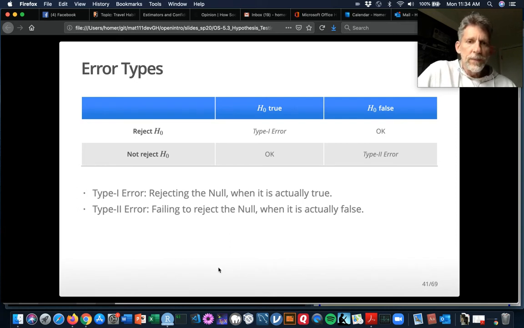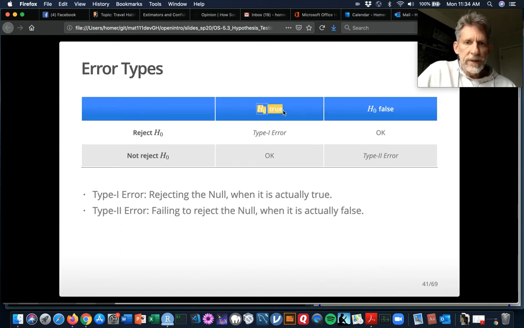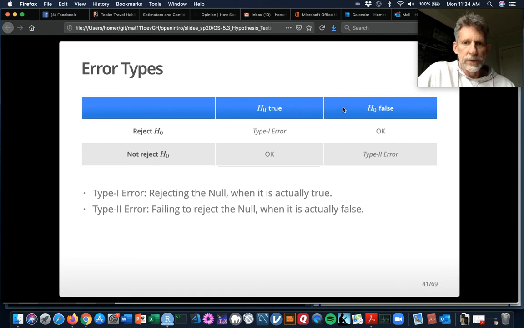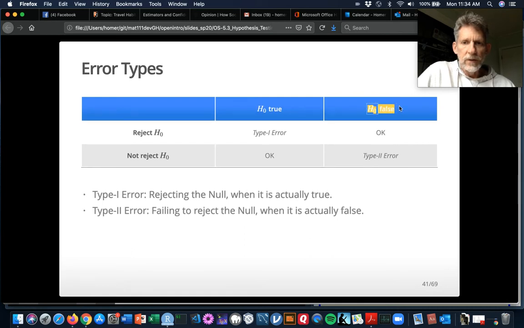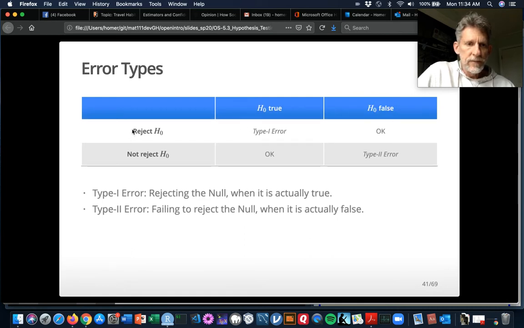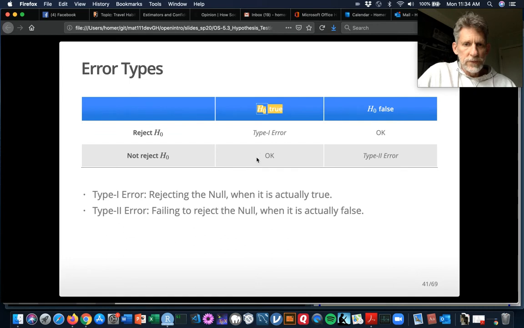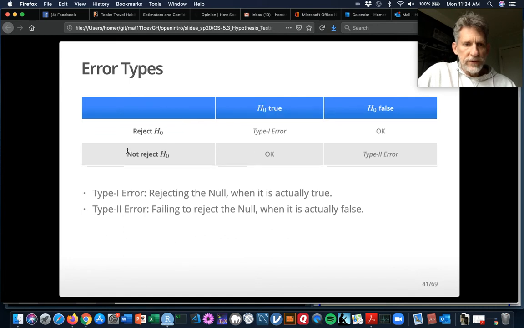There's actually 4 possibilities indicated by this table here. It could be that the null hypothesis is true, and it could be that the null hypothesis is false. And based on your data, you may end up rejecting the null hypothesis, or you might end up not rejecting it. Now, if the null hypothesis is true and you don't reject it, then that's okay.